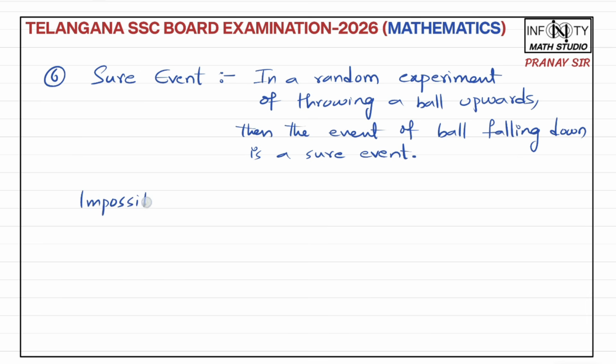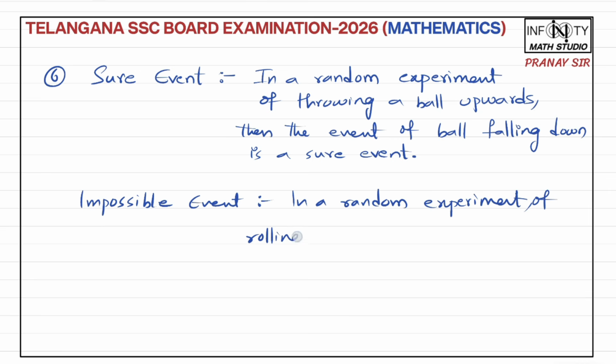Next, impossible event. Impossible in the sense it must not happen, it will never happen. So again, in a random experiment of rolling a die. This time we will take rolling a die. The experiment of rolling a die.